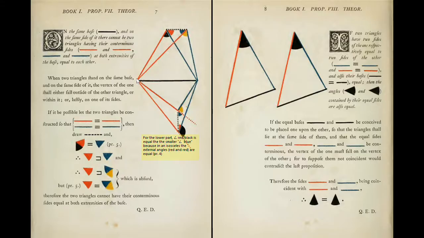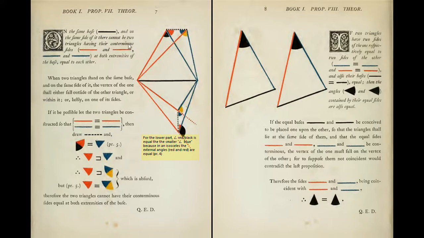Now, it's a little tricky to understand this diagram because the other thing that's missing is a definition of the word conterminus. Okay, maybe that helps, breaking it down. Terminating together, right?